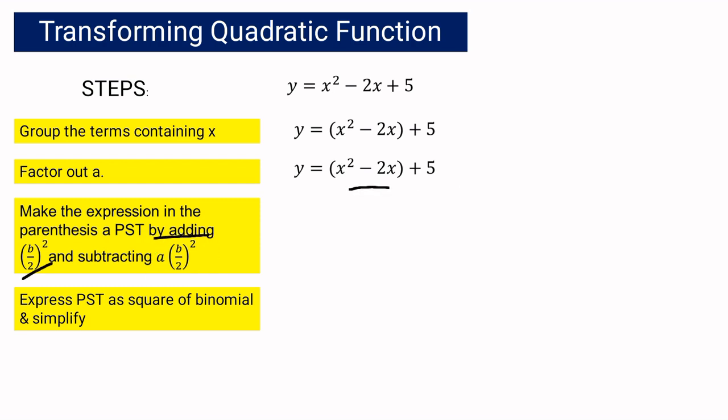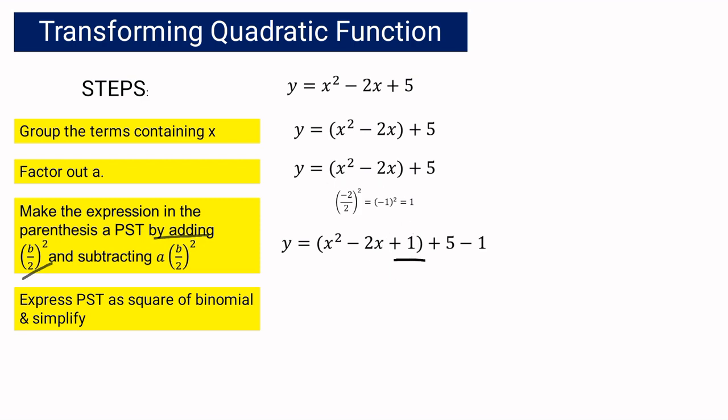Now, let us see it. Our b is negative 2. You get the half and then you square it. Negative 2 over 2 is negative 1, and if you square negative 1, that is 1. So what you are going to do is add 1 in this expression.